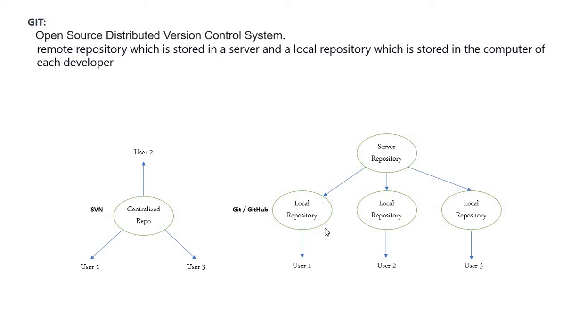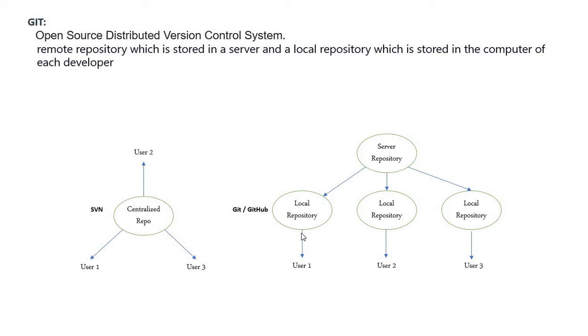They cannot make a change directly in the server repository. Instead they have to take a fork copy of the server repository. We name it a local repository. Each developer will be creating his own repository.